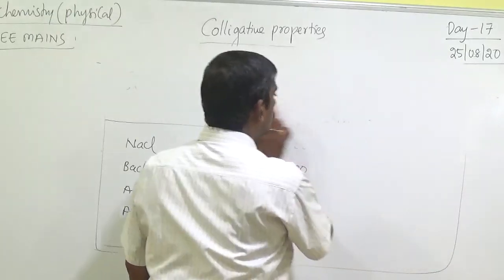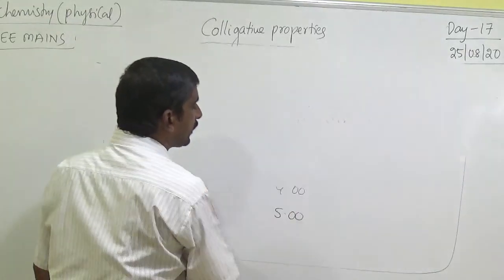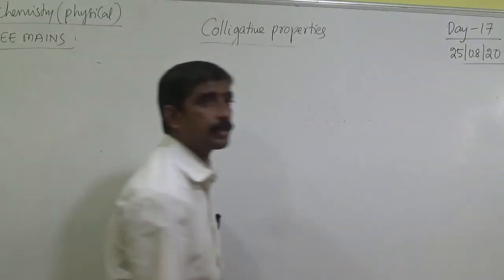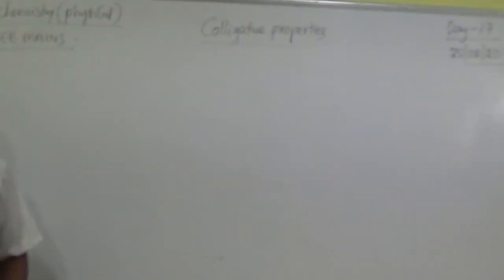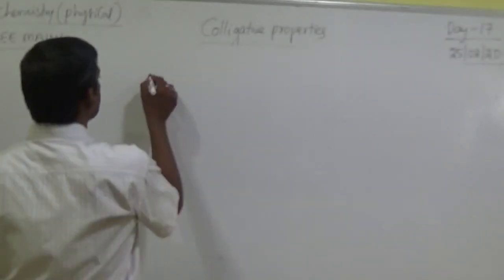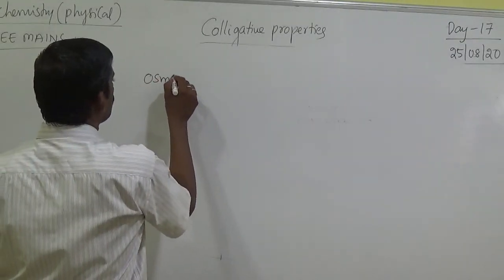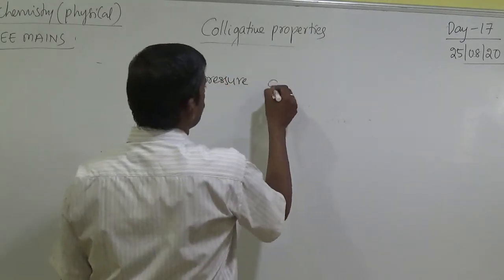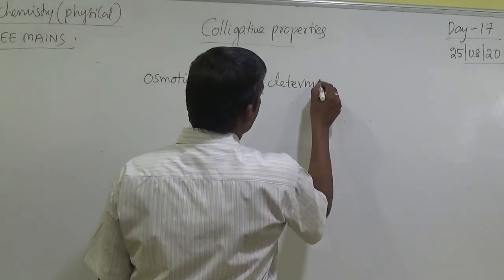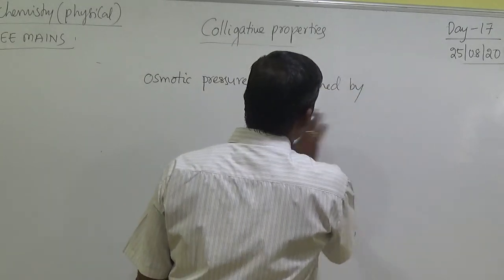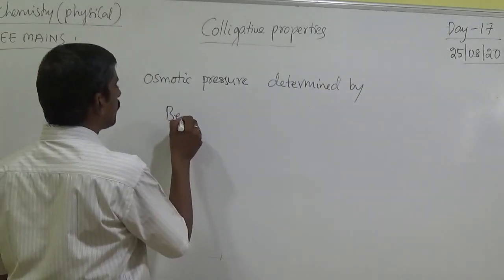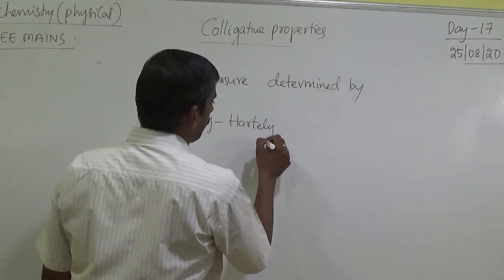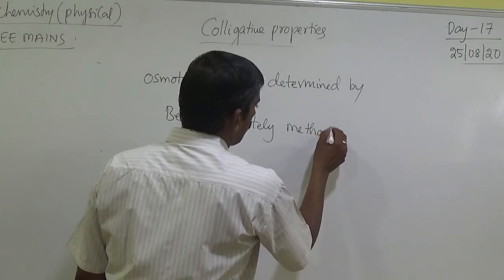And one point I forgot, osmotic pressure can be determined by one of the methods, the Berkeley-Hartley method. Osmotic pressure pi, osmotic pressure determined by Berkeley-Hartley method, H-A-R-T-L-E-Y.